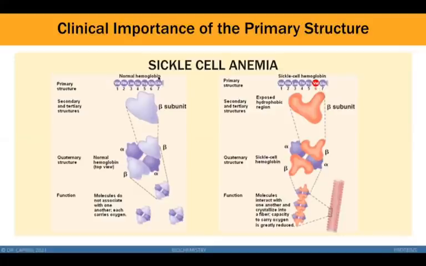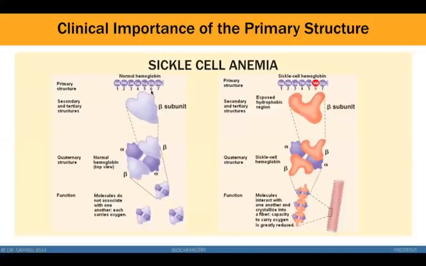So it changed from glutamate to valine. Now, remember glutamate is a polar or hydrophilic amino acid, so it is more likely located on the outer surface of the beta subunit. Now, valine is a non-polar amino acid.